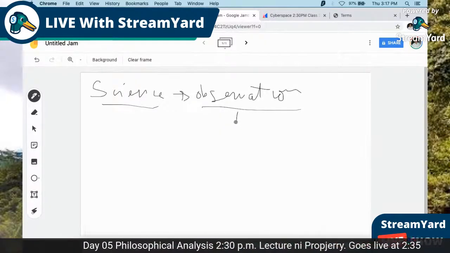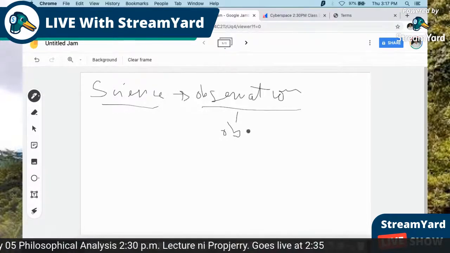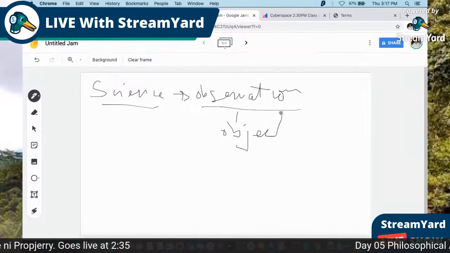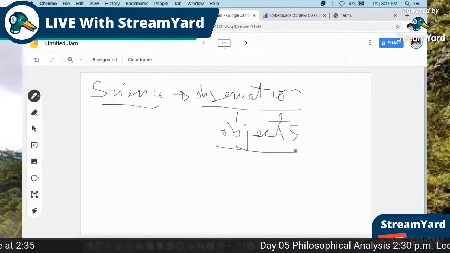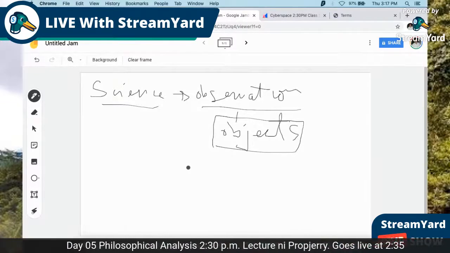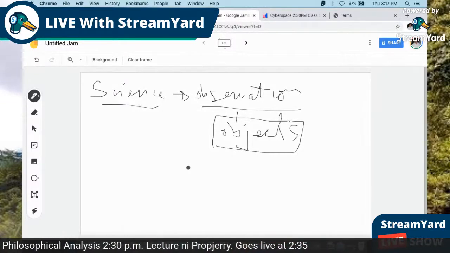Now, what is it that you observe? You observe objects, you sense objects. We talked about that earlier. What are the things that you sense? What are the things that you observe? They're called physical objects, remember?